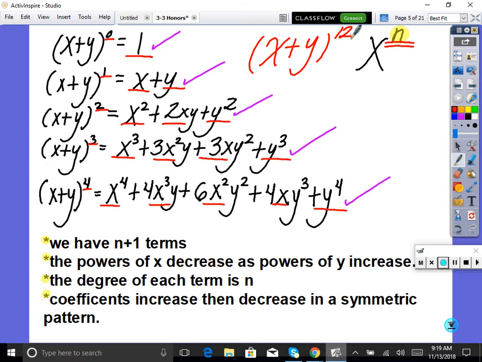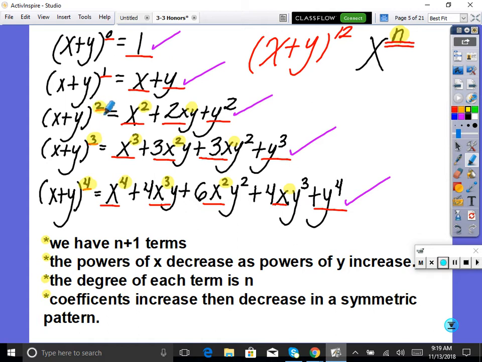Now another thing to notice is, let's just look at our powers of x and y. So first of all, focusing on x. Right here, let's start right here. x^4, x^3, x^2, x^1, and then x^0. Does everybody see? Now x^3, x^2, x^1, x^0. x^2, x^1, x^0. Do you see how powers of x are starting at the highest degree and then just counting down?